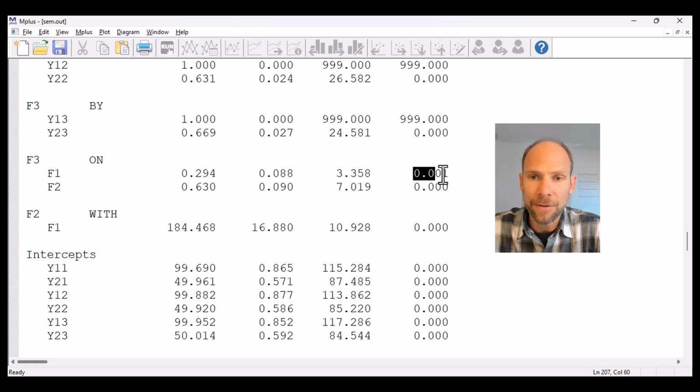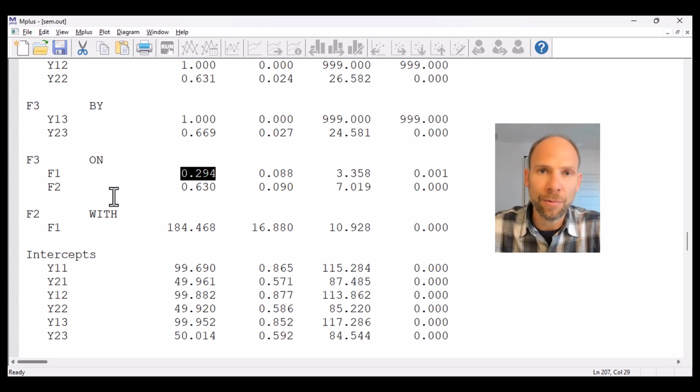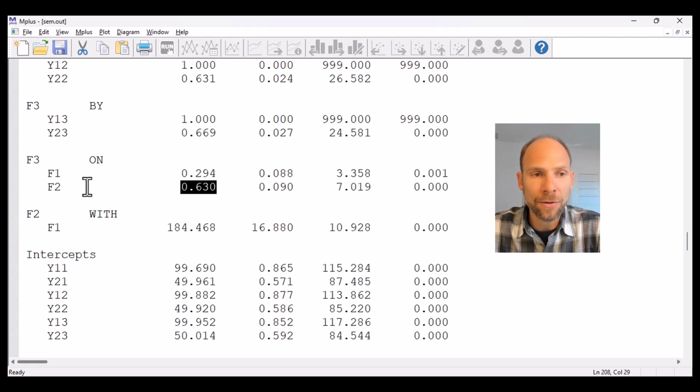The p-value here is very small, so there is a significant partial regression coefficient showing that F1 contributes to the prediction of F3, and F2 also does contribute to the prediction of F3 because that coefficient is also significant.